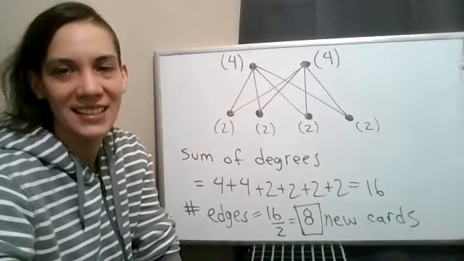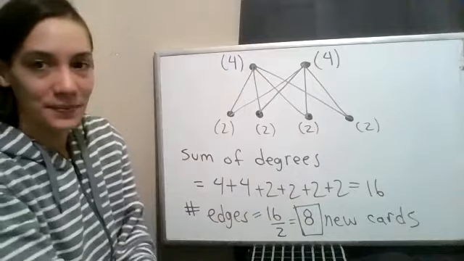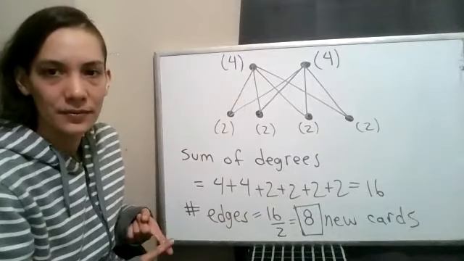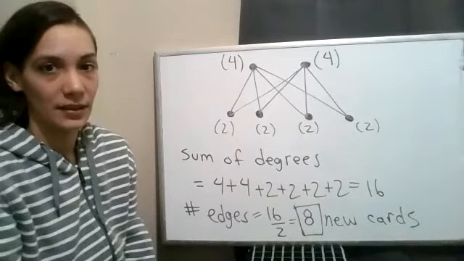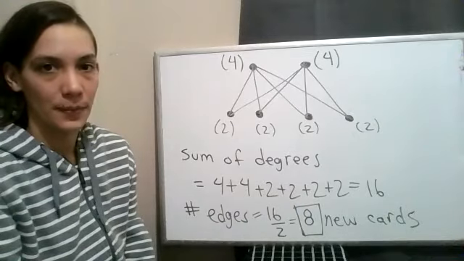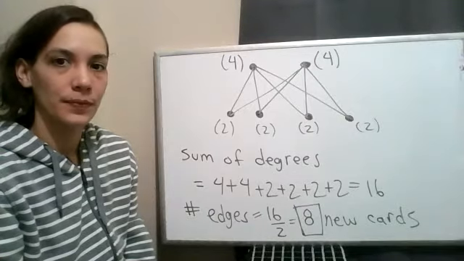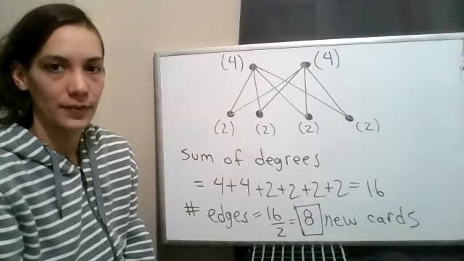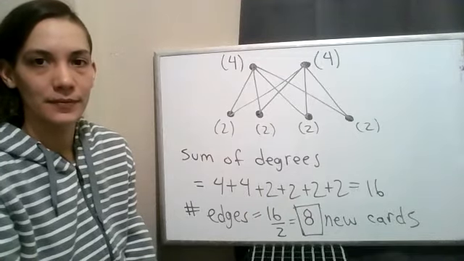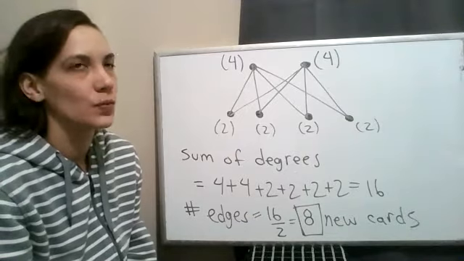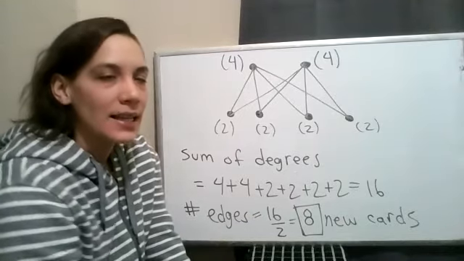I see a hand. Yes. You know how, in terms of graphing, there's Desmos online? Do you know if there's a website that exists where you can input number of edges, number of degrees, and it'll give you a drawing? I think it does.